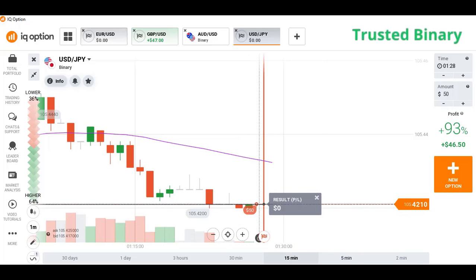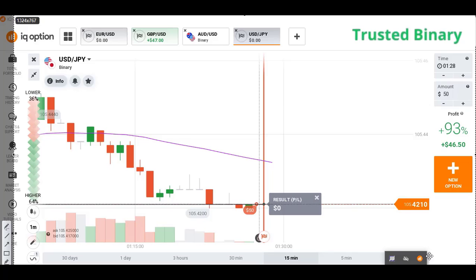Here I am explaining the reason for taking that trade. This is a downtrend market. At this level, these two candles have the same size volume.